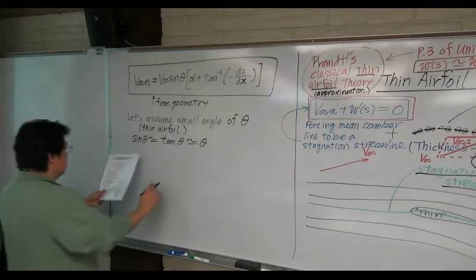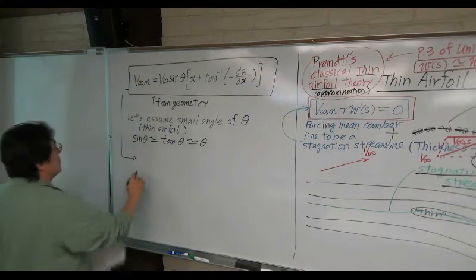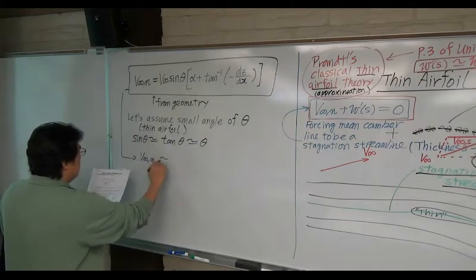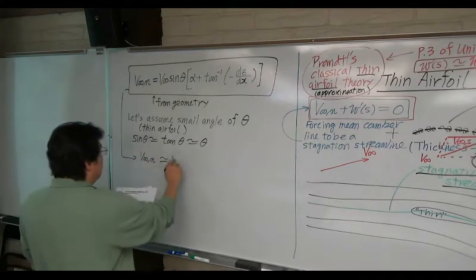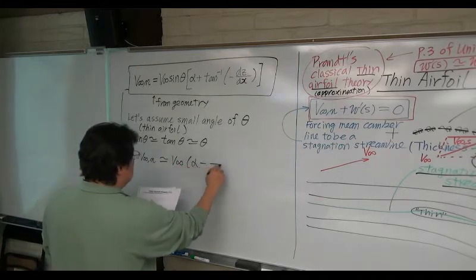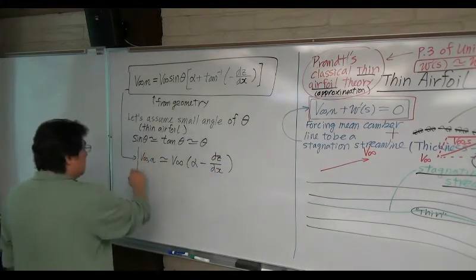So we are going to simplify this equation using the small angle assumption: V infinity n is approximately equal to V infinity times alpha minus dz dx. This is an important equation.